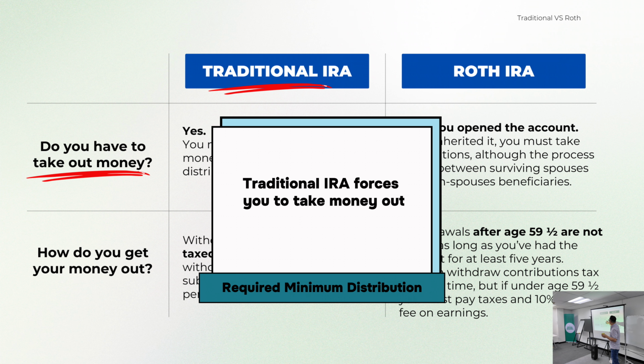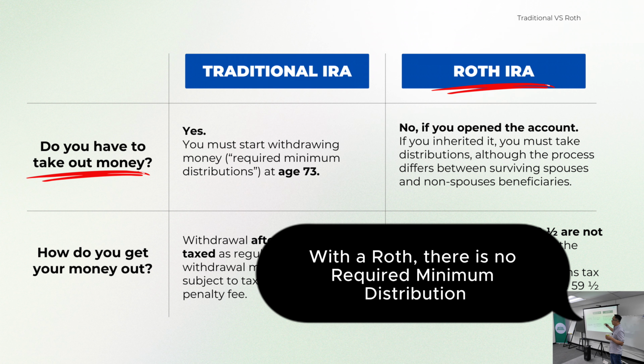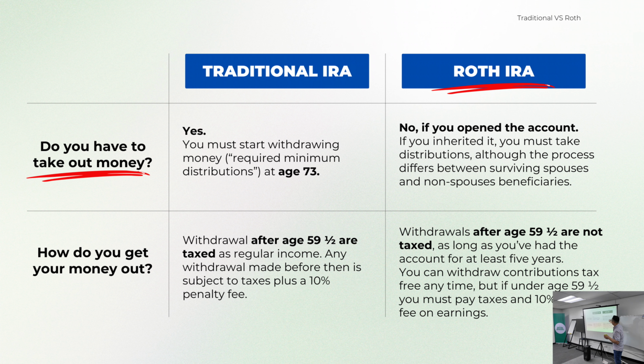So this is where the traditional IRA forces you to take money out, and you have to pay taxes on it when you take that money out. While with the Roth, there is no RMD, or required minimum distribution. You could just leave the money in there and leave it to your kids or whoever wants to inherit it, right? So you could open a Roth and just keep it open forever and never have to take any money out. Okay.